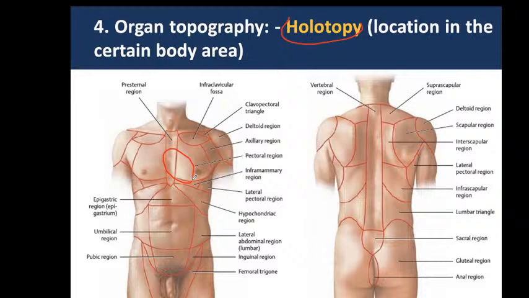The correct answer is that the heart is located in the chest area, in the anterior mediastinum, close to the sternum. Most of it is located on the left side, but a small part is located on the right side of our body.